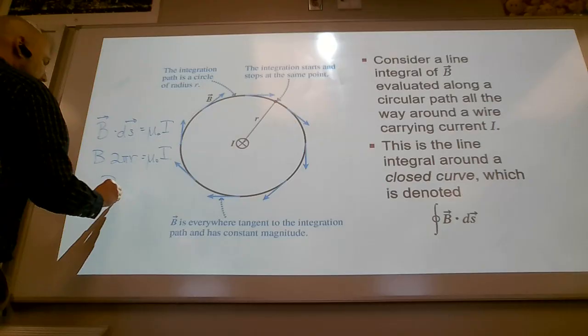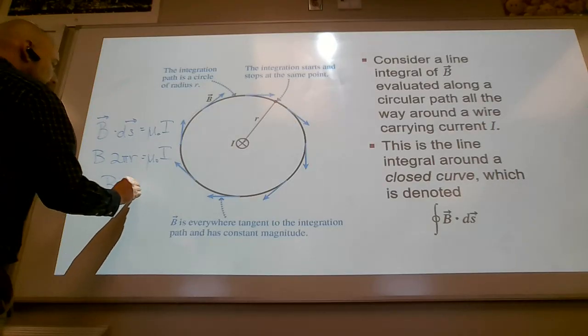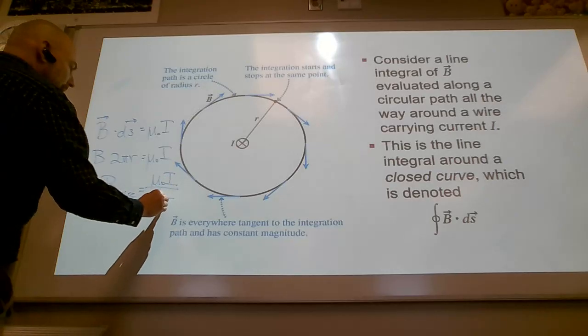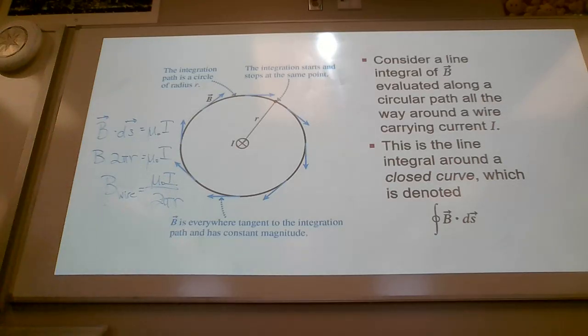And so for a straight wire we have 2 pi r. They don't give you this equation, which you should figure out by yourself.